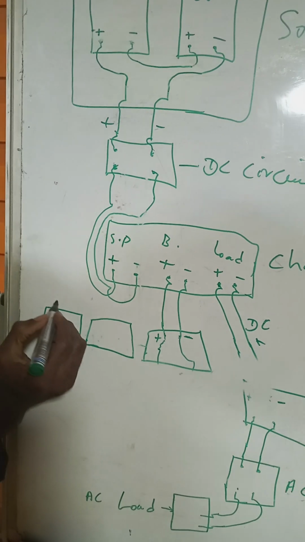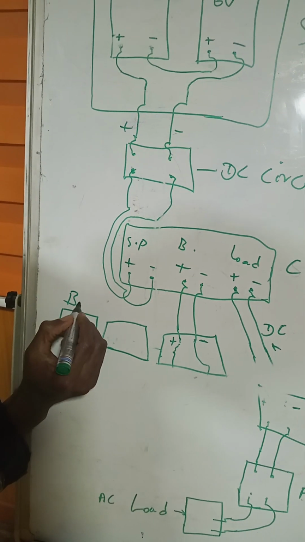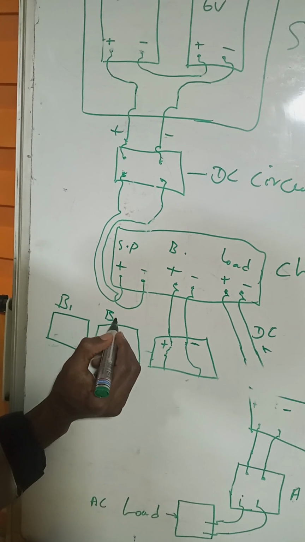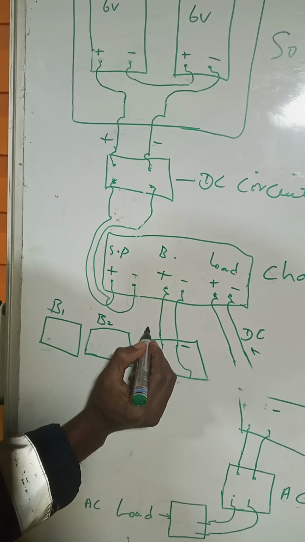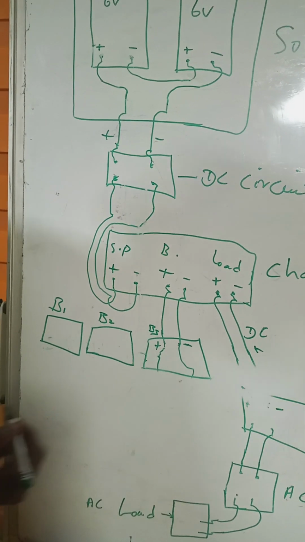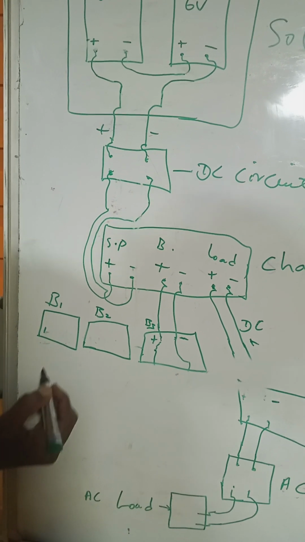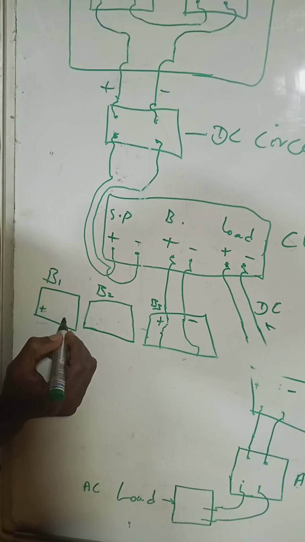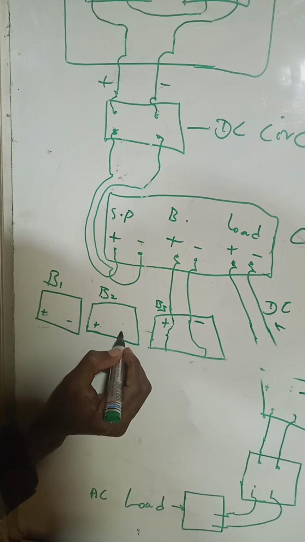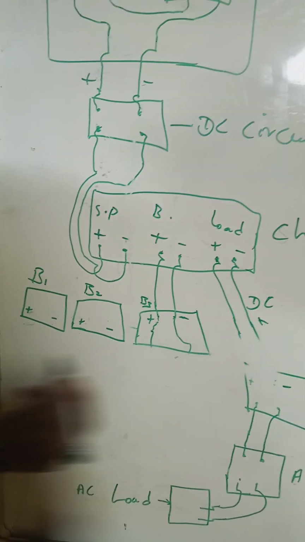Okay, these three, we have battery 1, battery 2, and B3, battery 3. Okay, it has the terminal positive, negative, positive, negative, positive, negative.